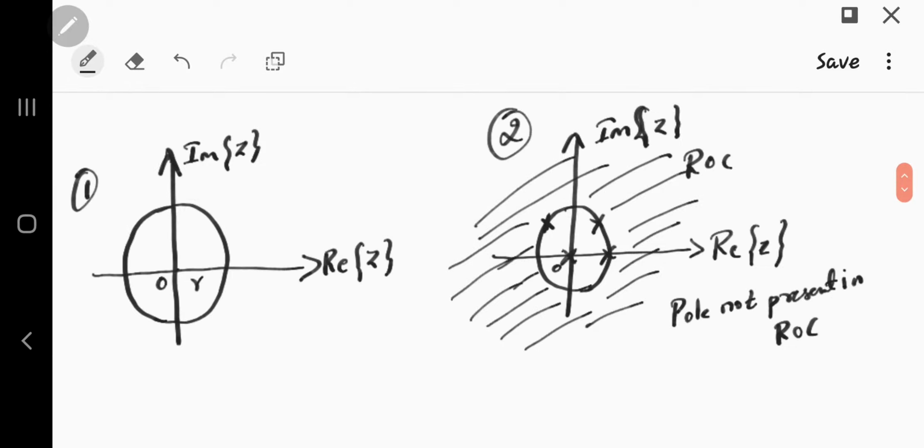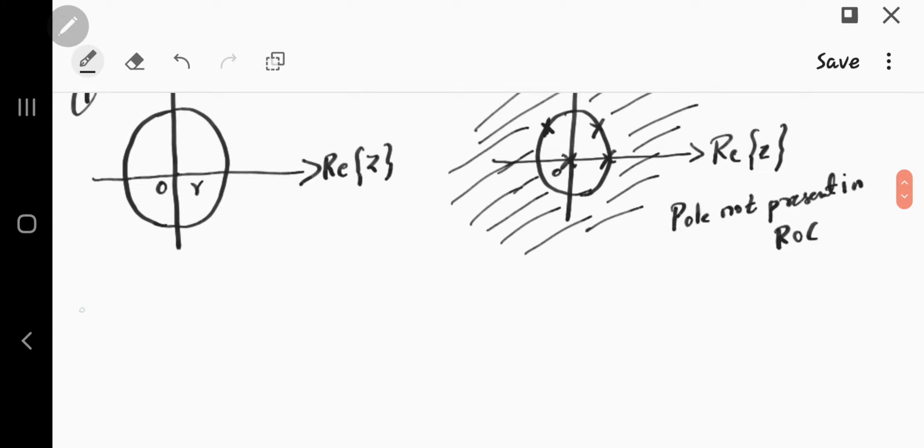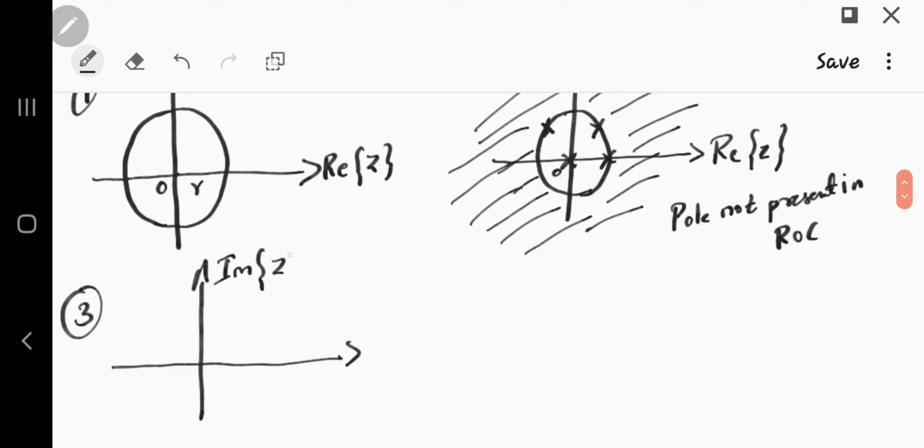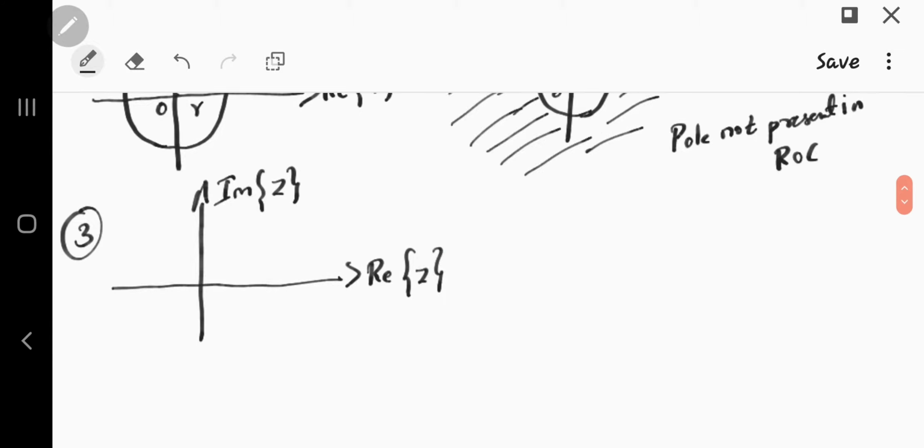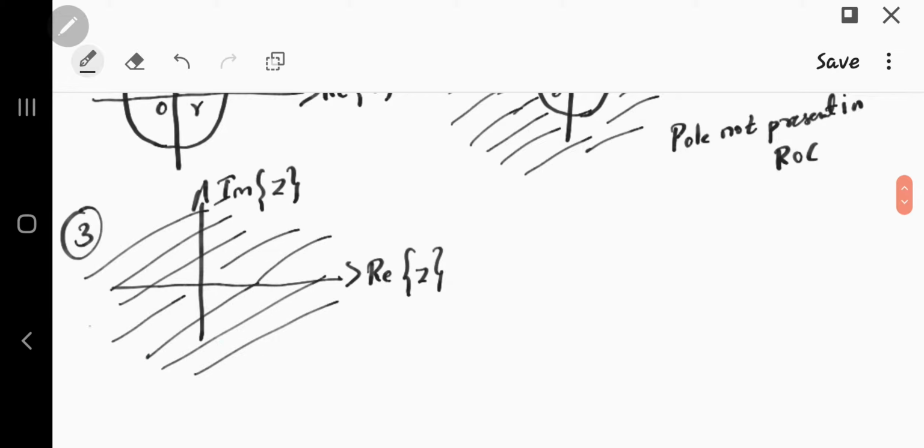What this means is, if you end up with a finite value for X of z, then the ROC will be the entire z plane except at the origin or infinity.